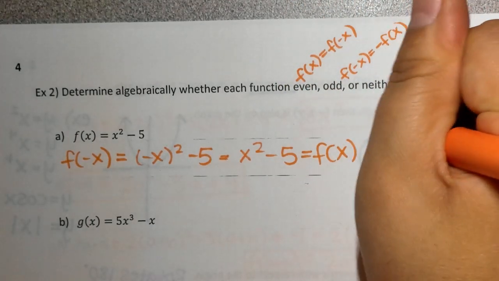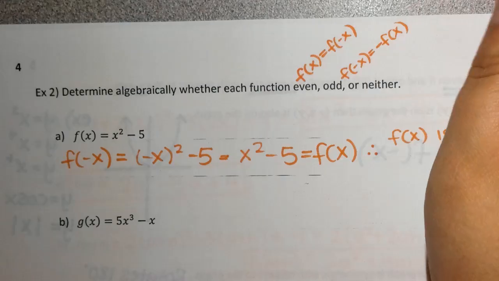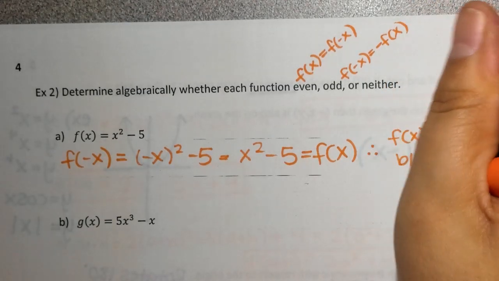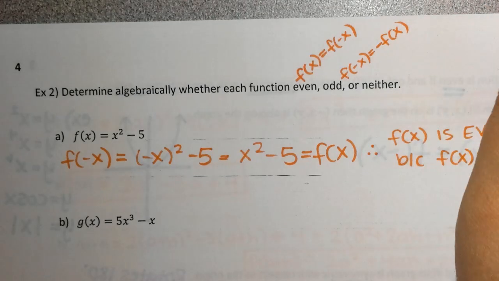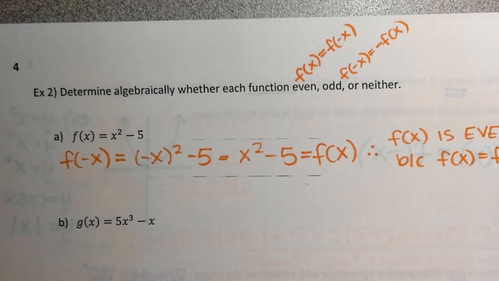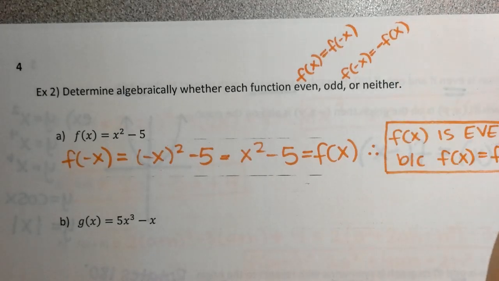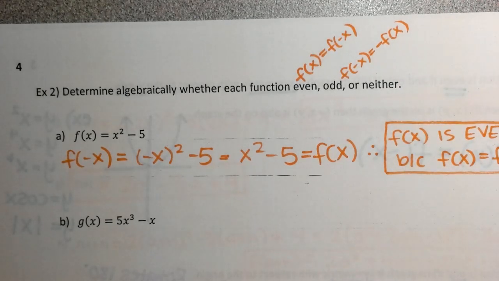Therefore, f of x is even because f of x equals f of negative x. And you are done. We have just proved it algebraically.